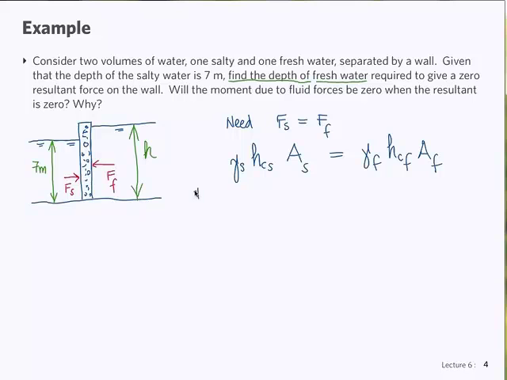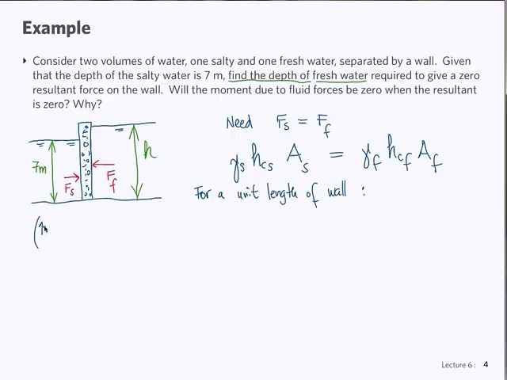So now we look at a unit length of wall in the direction perpendicular to our sketch here. And so we can calculate. We have to look up the gamma of salty water and the gamma of fresh water from some table in the back of the book or something, and I've already done that.